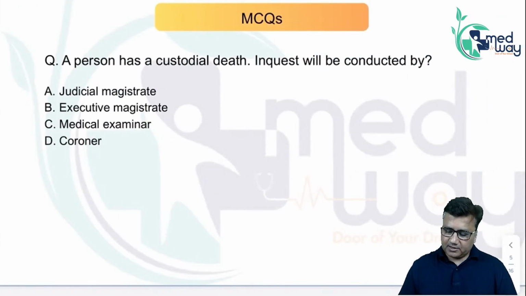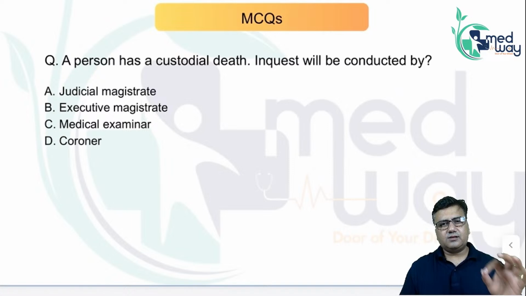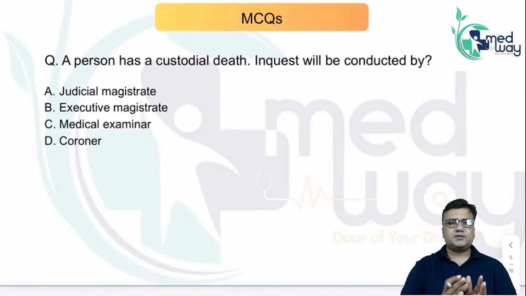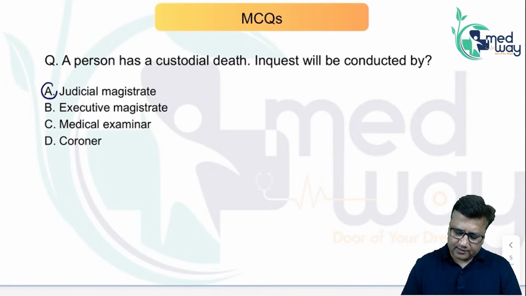Next question: a person has a custodial death, inquest will be conducted by, again a very straightforward question. In these situations, inquest is conducted by the judicial magistrate. So the judicial magistrate conducts inquest in cases of custodial death.